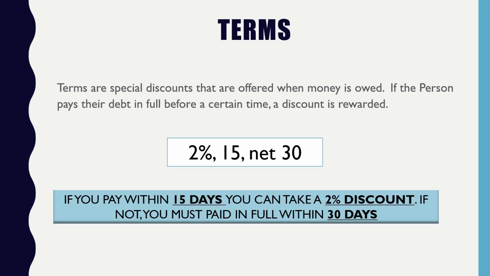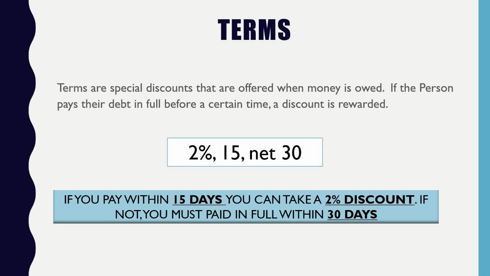What does that mean? This literally means that you're going to be taking a 2% discount if you pay the vendor within the first 15 days. If not, you have 30 days to pay the entire bill off, okay? Now, do not confuse this, because it's not the first 15 days and then you get an additional 30 days, right? The entire bill is 30 days.